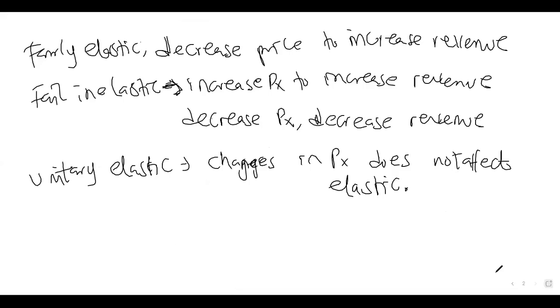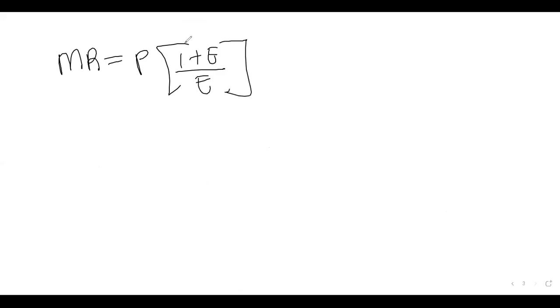Since it's a normal demand curve, the relationship between marginal revenue, price and elasticity is that marginal revenue is equal to price into brackets 1 plus E, divided by E. I know we all remember this relationship.